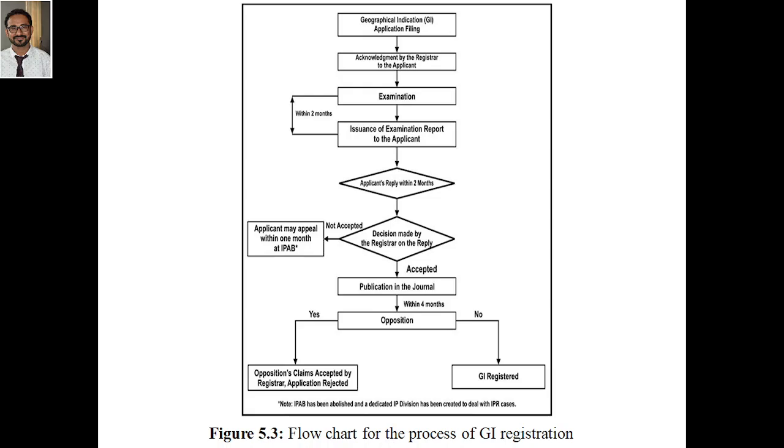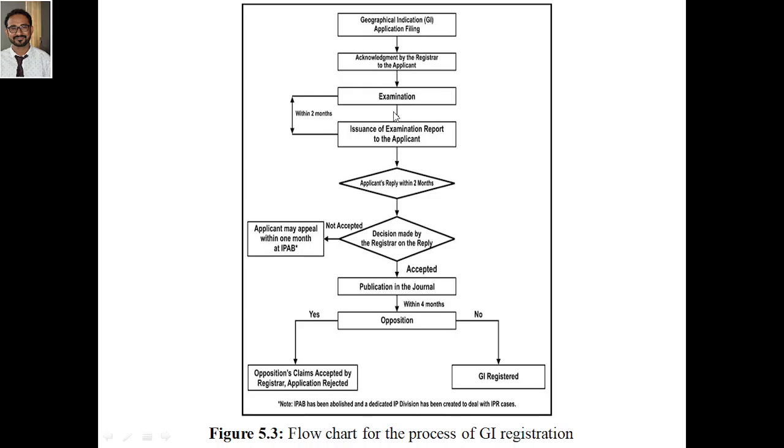Otherwise it will be rejected, or they will ask for clarification. If you fail to give the clarification, that will be rejected for sure. The same thing is done in patent, copyright and trademark similarly. So here, if there are no objections or oppositions within 4 months of publication in the journal, then the GI will be registered.